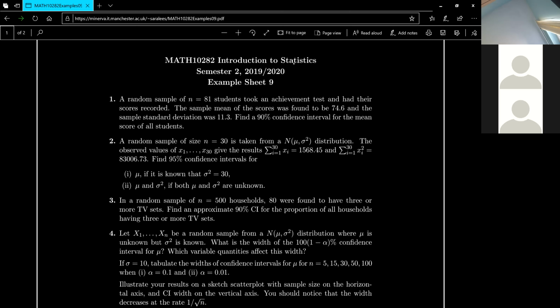And the question is to find a 90% confidence interval for the mean.